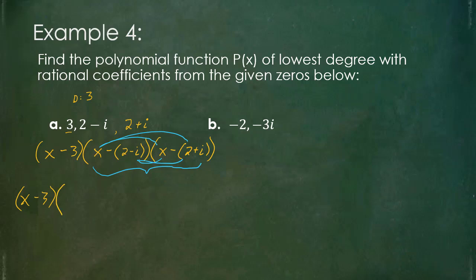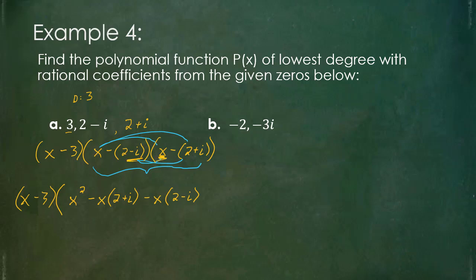So if I go one term at a time, x times x would give me x squared. x times a negative parenthesis would just turn into a negative x times that parenthesis. So eventually I'll distribute the x through that 2 plus i. Then the same thing happens with this next one, a negative parenthesis times x. I could reorder and say it's a negative x times the other parenthesis, which for this one would have been the 2 minus i.